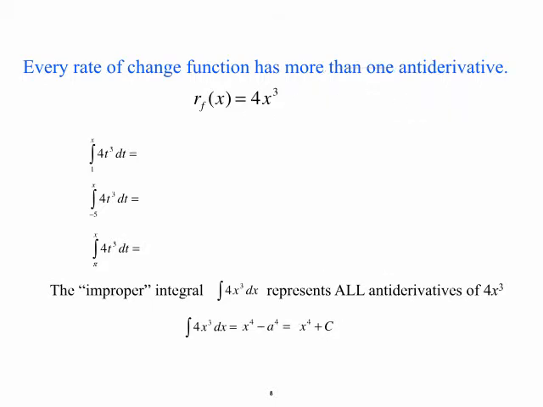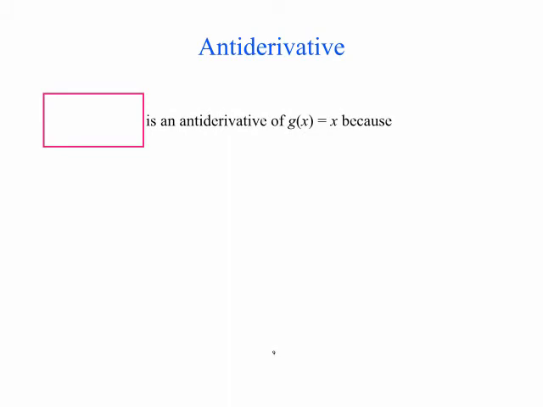So then, give me an antiderivative of g of x equals x. When you're trying to think of an answer, you should be asking yourself, what has a derivative of x? I'm hearing a couple of different things. I'm hearing x squared. What's the derivative of x squared? That's 2x.